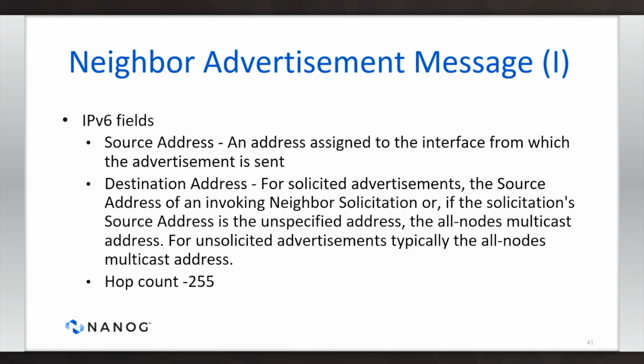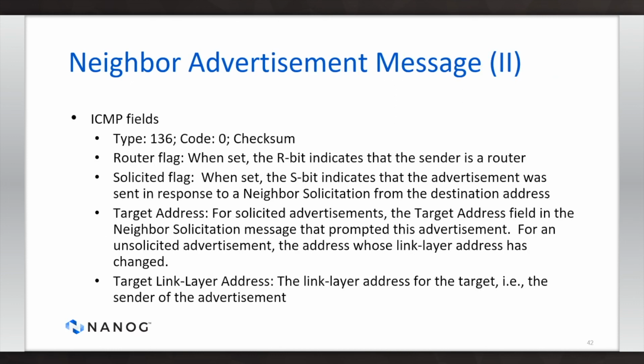Again, a boatload of payload that tells you about the neighbor, a router flag that tells you whether the neighbor is a router, a solicited flag that tells you whether the advertisement was sent in response to a neighbor solicitation, a target address, and for solicited advertisements, the target address field in the neighbor solicitation message.